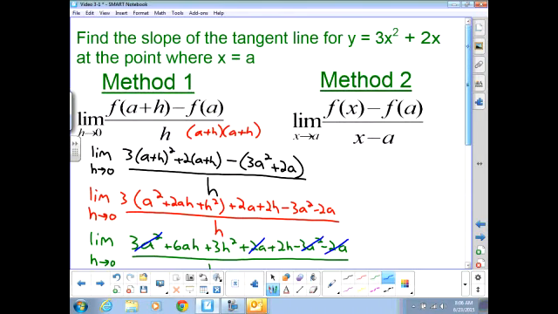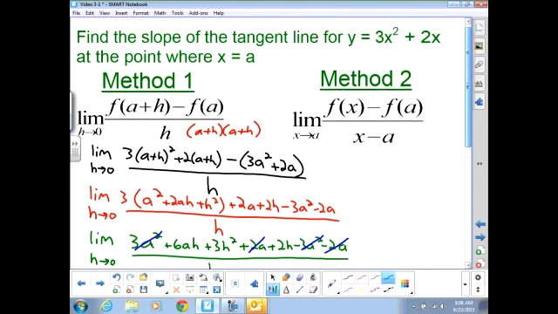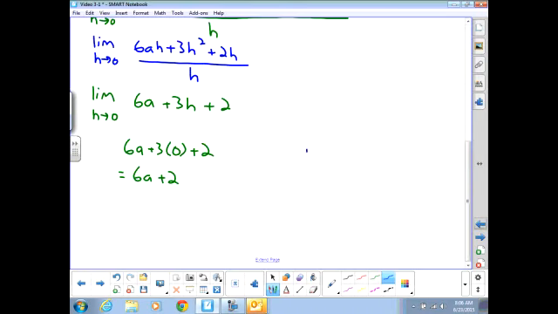We're going to look at our other method. Keep in mind we had y equals 3x squared plus 2x. And our other method, we have the limit as x approaches a of f of x minus f of a all over x minus a.